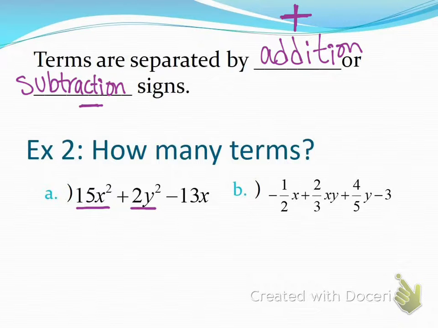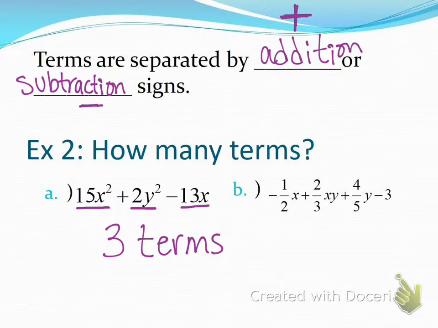I keep underlining, and then there's a subtraction sign, so I stop. I underline the last. So how many things did I underline? 3. That means there are 3 terms. Now you are not required to use the underline method, but if you want to circle things, you can do that too.